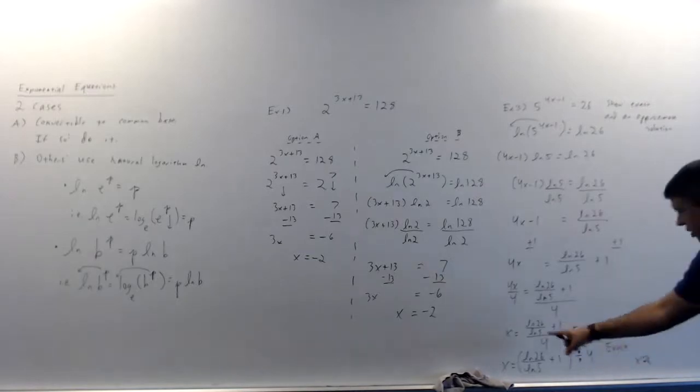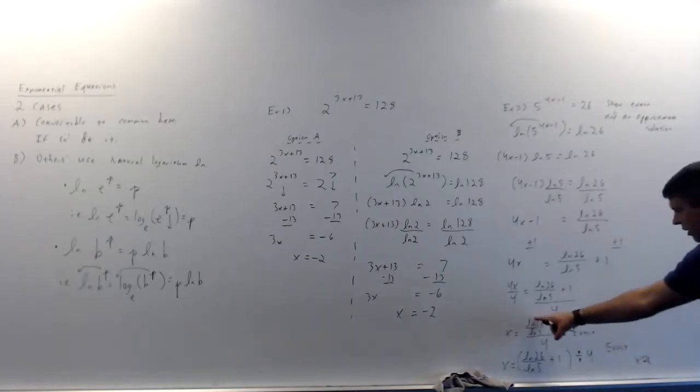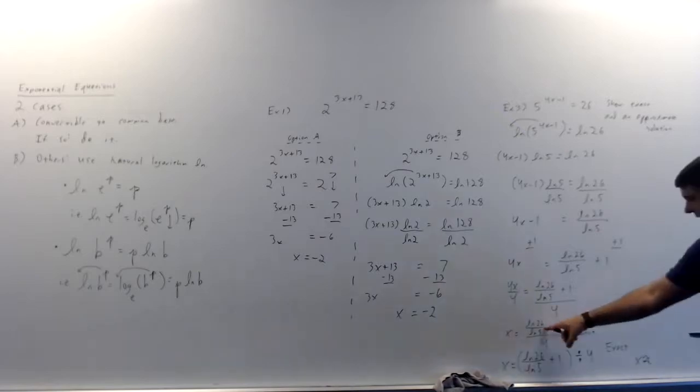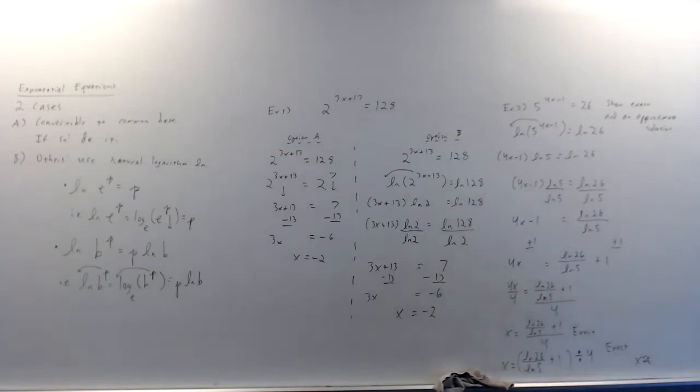Actually, we could just do these one at a time. Natural log of 26 divided by natural log of 5. And then with that number, hit enter or equal, and then add 1.